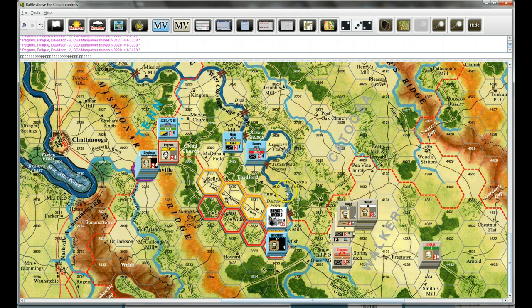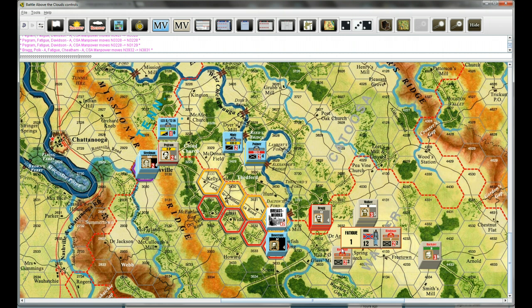But you're going to see that if you can avoid crossing hex sides that don't have roads, you're going to do that more times than not. And there are appropriate times to use that one hex movement to just get an entire stack from one place to the next, either because you don't have the movement points or because it's just strategically more advantageous for you to do it that way.